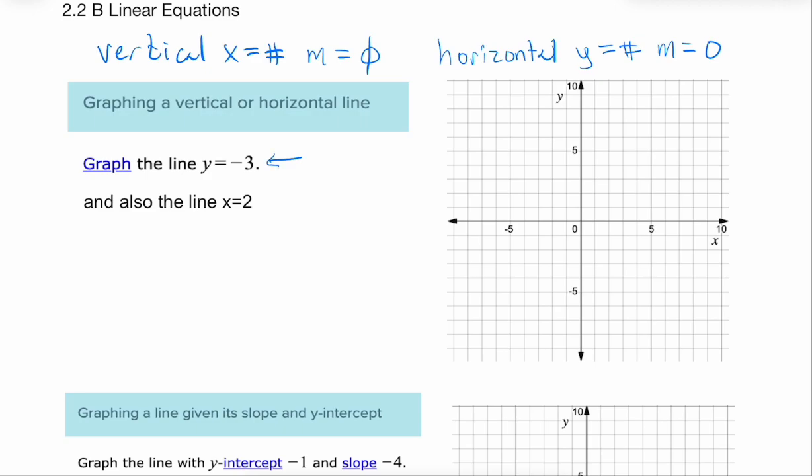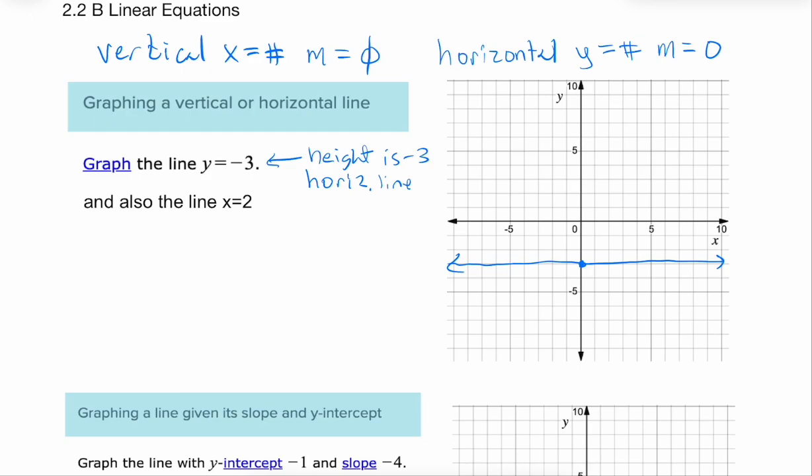So this is telling us the height of a horizontal line is -3. So all you got to do is go to our y-axis. I like to put a little dot at -3 and then just create a horizontal line where y equals -3. Pretty straightforward, nothing too crazy about that.